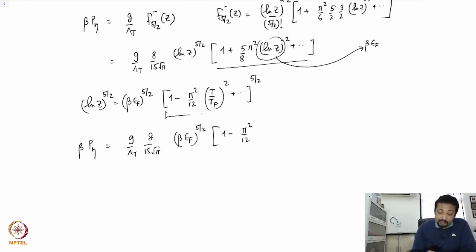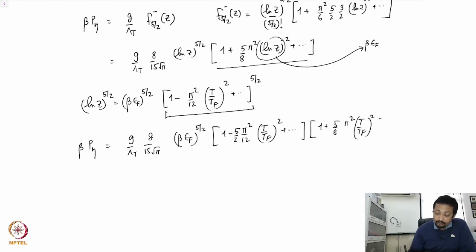Since this bracketed quantity is raised to the power 5/2, I will use a binomial expansion to write it down this way, and then I have 1 plus 5/8 pi squared (T over T_F) whole squared plus higher order terms.